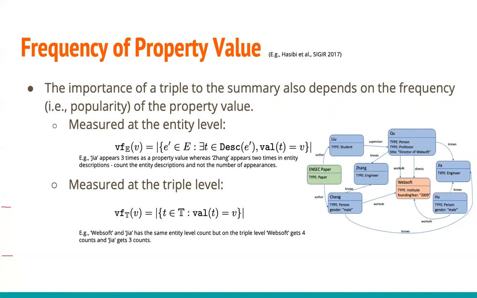Jia appears 3 times as the value, but WebSoft appears 4 times. So WebSoft gets count 4 because it appears in 4 different triples.